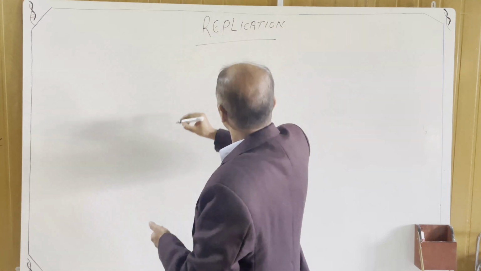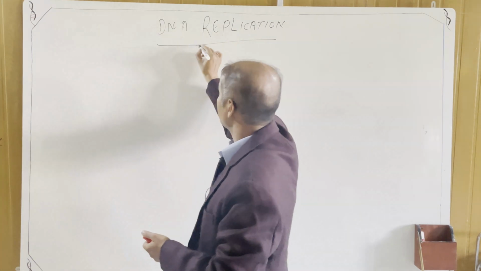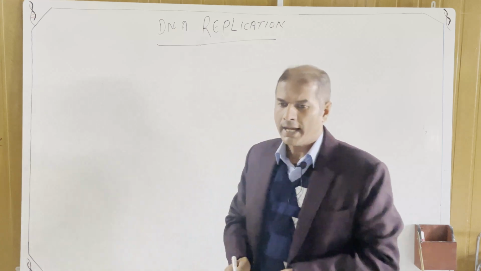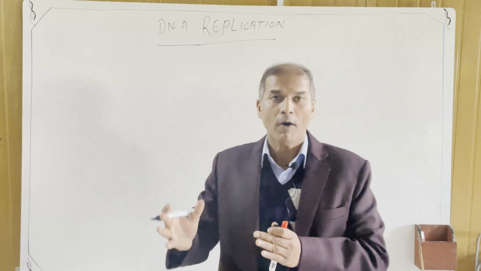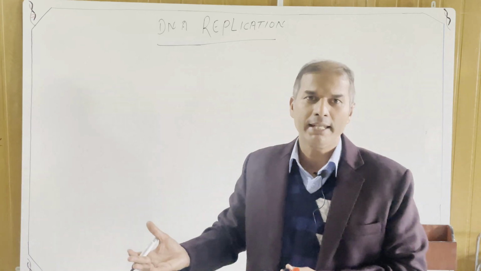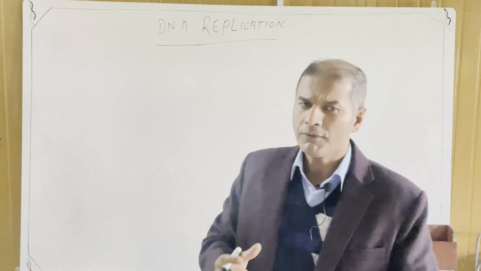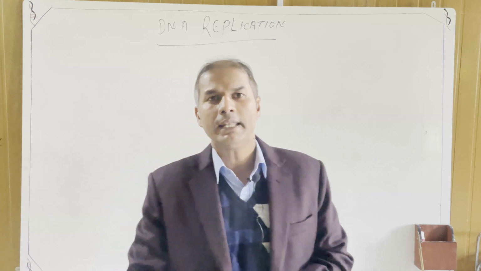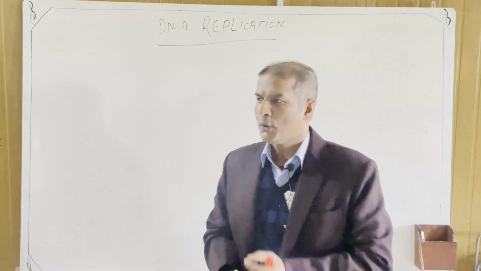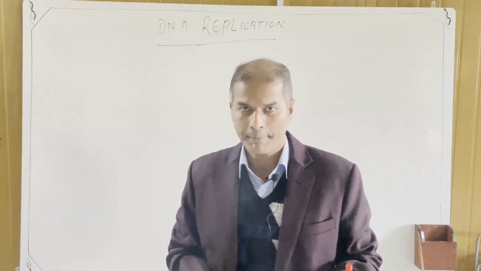So in the replication process, we are going to talk about DNA replication. We know that the process of replication forms a replica of DNA, that is, it forms a copy of DNA. One of the major points that we have to remember is that when DNA undergoes replication, one parent DNA forms two daughter DNA.